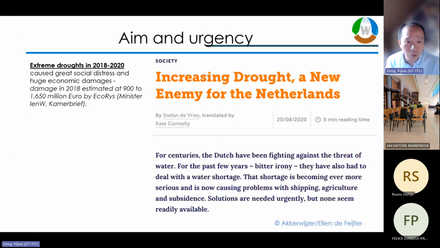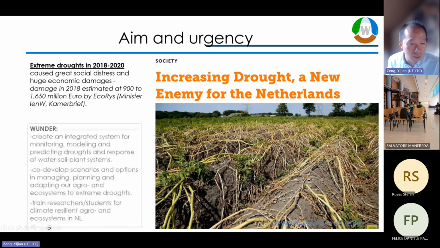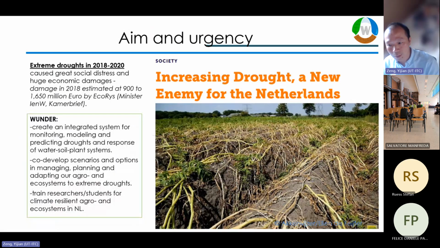The aim is to address this drought impact, and the primary purpose of the Wonder project is to create an integrated system for monitoring, modeling, and predicting drought and the response of these soil plant systems.